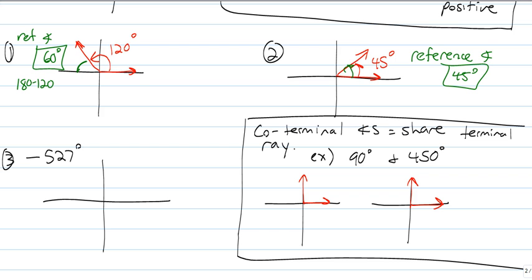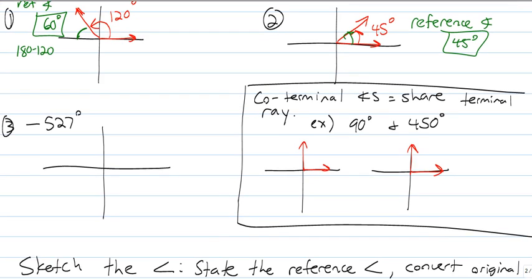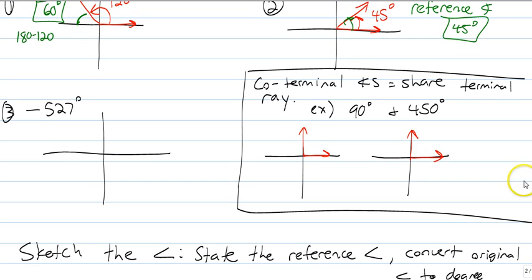Okay, negative 527. Let's draw this one first. I'm going backwards though, so I have negative 527. If I add 360, I get negative 167. Okay? So I know that I'm going to be good after 180. But first, we'll deal with that in a second.